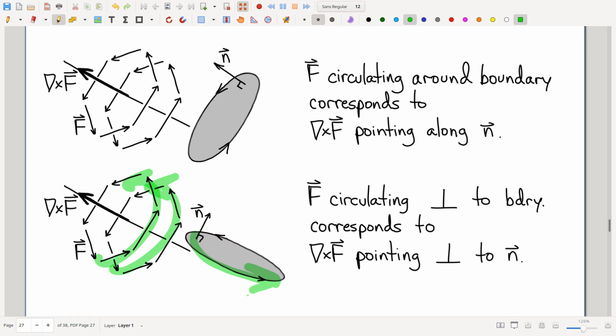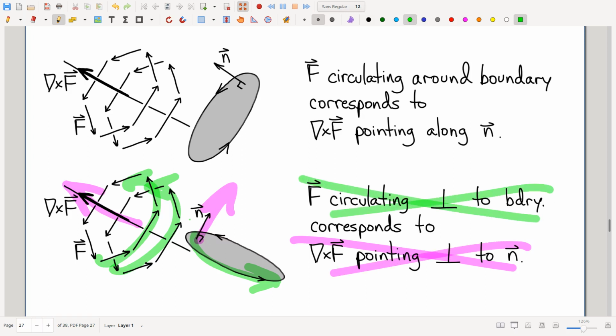They're not going the same way. There's no circulation because the flow is not along the boundary. And that, again, tracks perfectly with the fact that the curl is not pointing in the same direction as the normal vector. So no circulation tracks with no dot product.